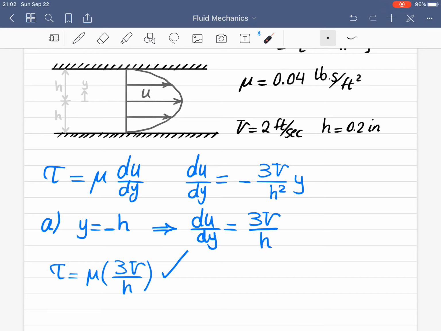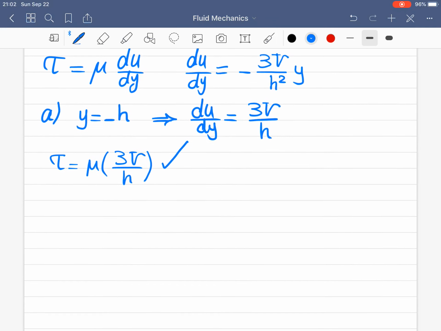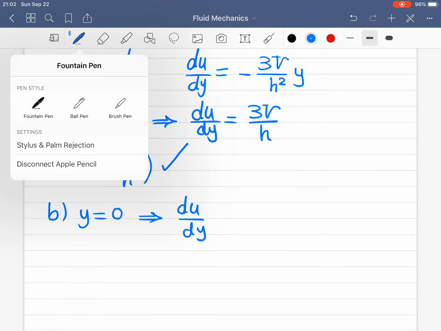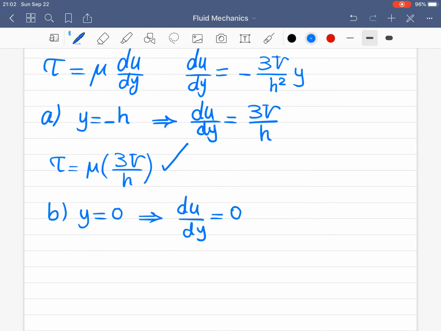But what would be the value of shear stress here at the center of this channel? So at y equals 0, du over dy would be equal to 0. So the shear stress would be 0.